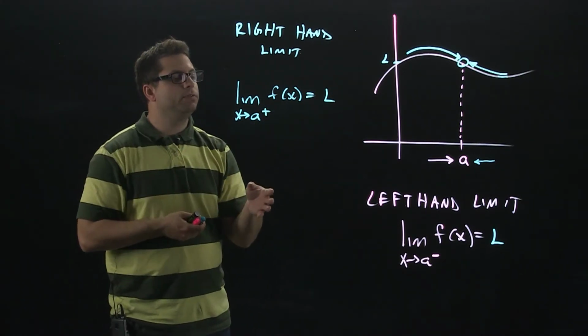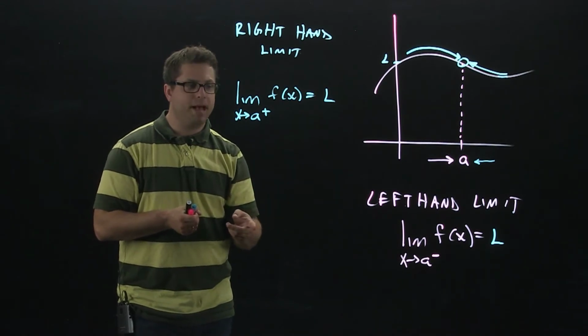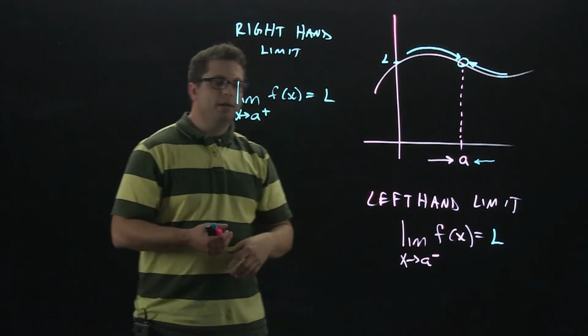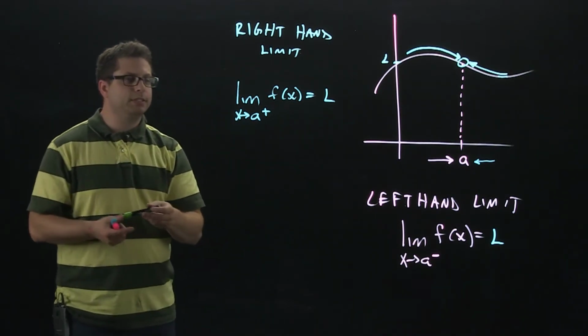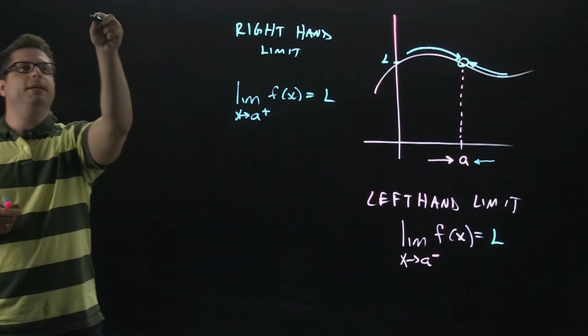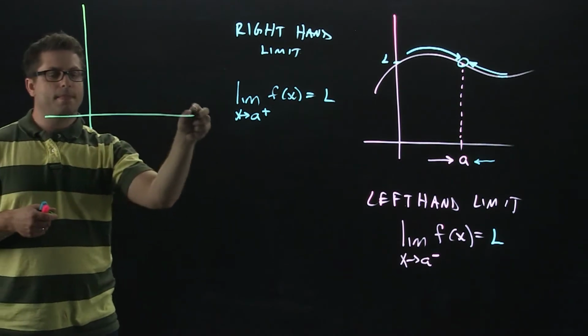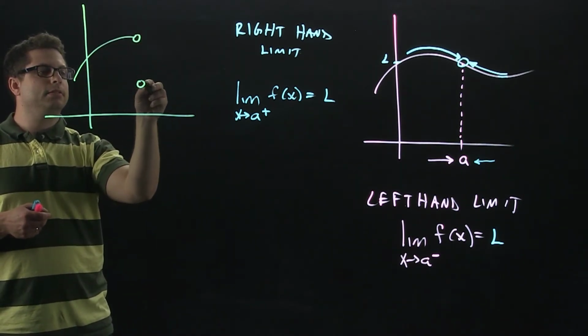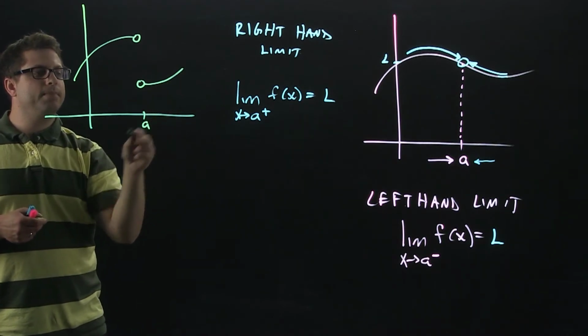Now, don't assume that the left and right-hand limits have to match, because they don't. When they're nice functions, they tend to. But with piecewise functions, say something like this, here's a.